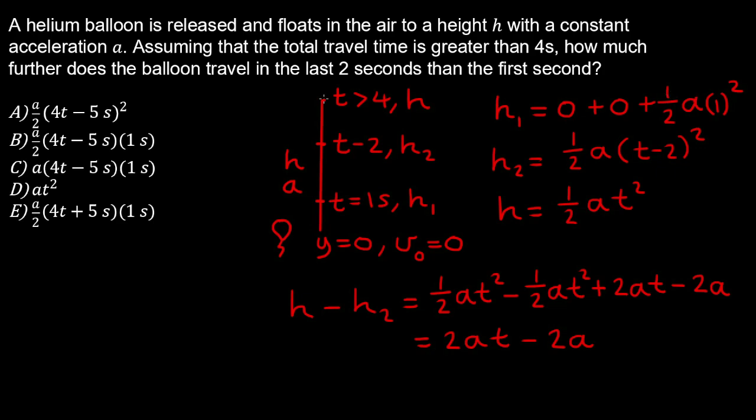So therefore the difference in the distance travelled between this interval and the first interval, which we'll call delta y, is 2at minus 2a minus 1/2 a.